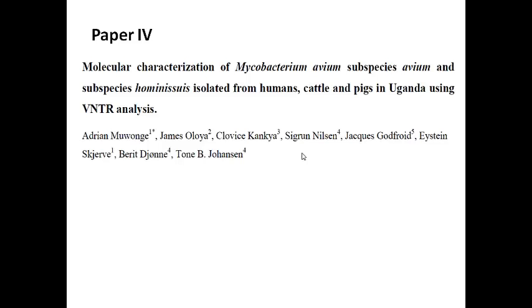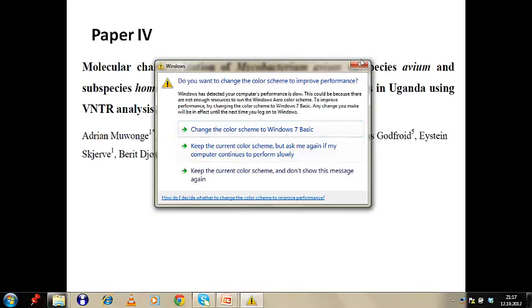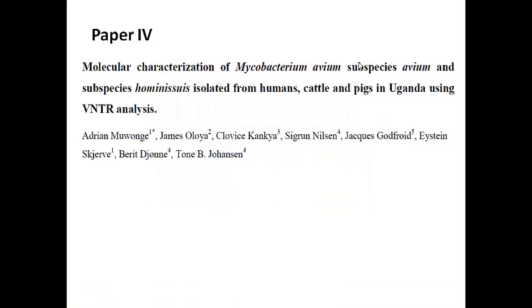We used 12 loci from two studies that have been documented. The first study was in France, from which we used 8 loci. These were the most allelically diverse loci that we picked, and then we also used 4 loci from Japan. So we put this together and made a characterization tool based on 12 loci.